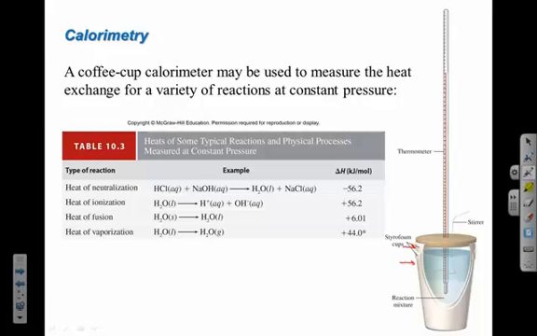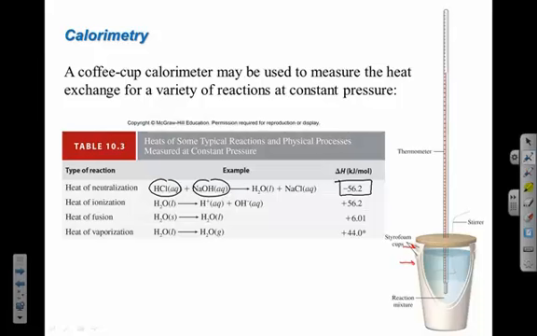So if we want to do this experiment and use this as our calorimeter, it's got to be a fast reaction. So if we do a chemical reaction, so let's say I put HCl and NaOH in my coffee cup, I've got my thermometer in there, that's a fast reaction. So the energy released by that reaction should stay inside the styrofoam for a decent period of time, cause the temperature to go up.